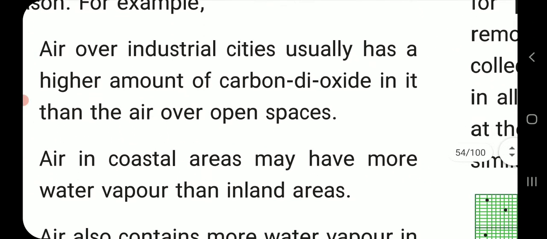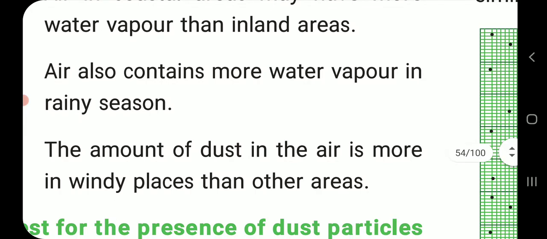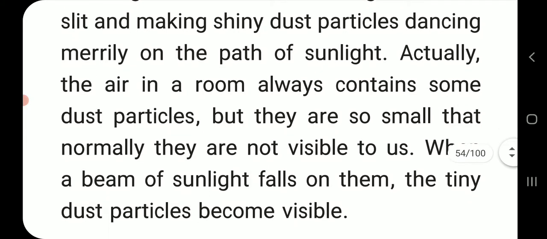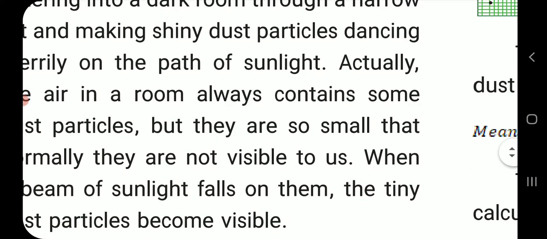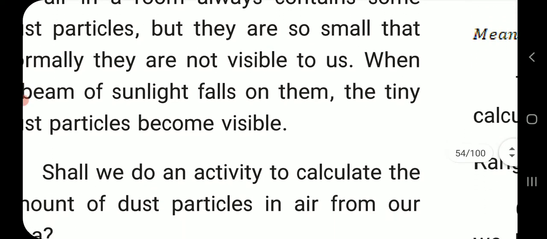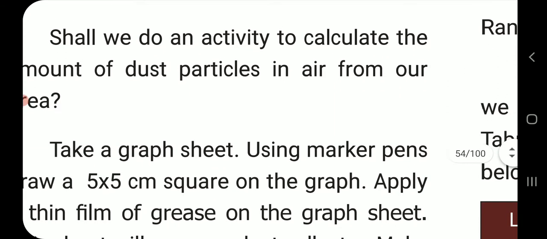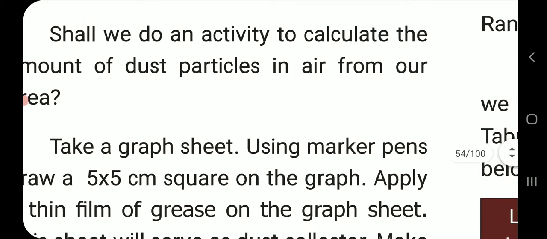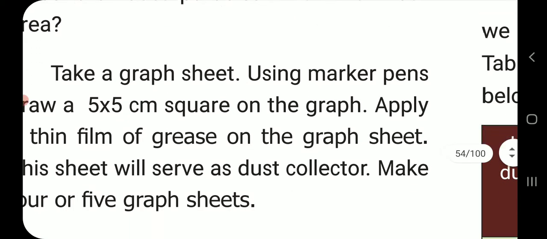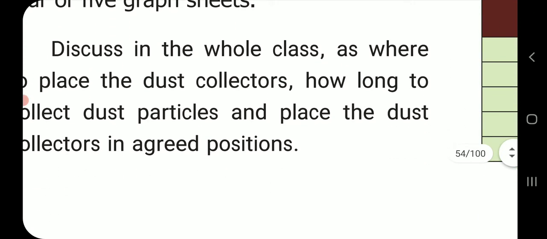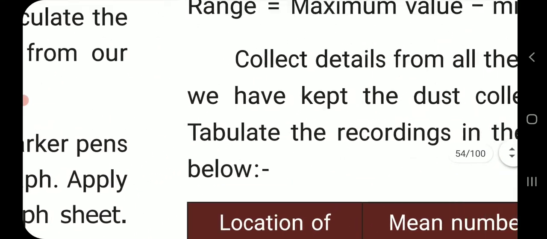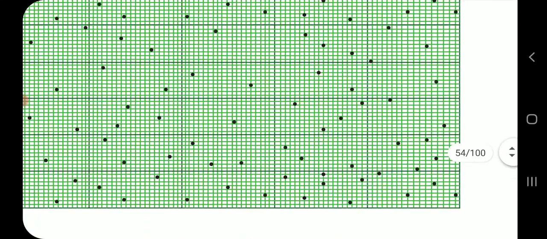Now, what are the particles that are in air? There are so many dust particles in the air. Take a 5 by 5 centimeter square of graph paper and expose it to the air.